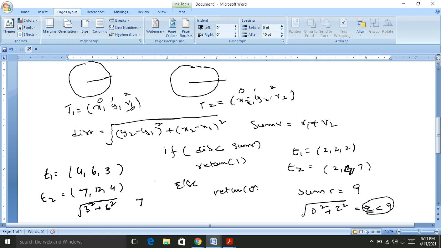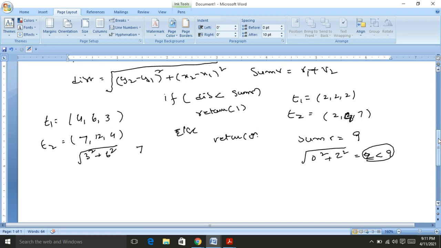Now the value is 3 square means 9, plus 36, that means 45. The square root of 45 is 6 point something. Actually 49 means 7. Because the distance is greater than the radius, the balls do not collide.